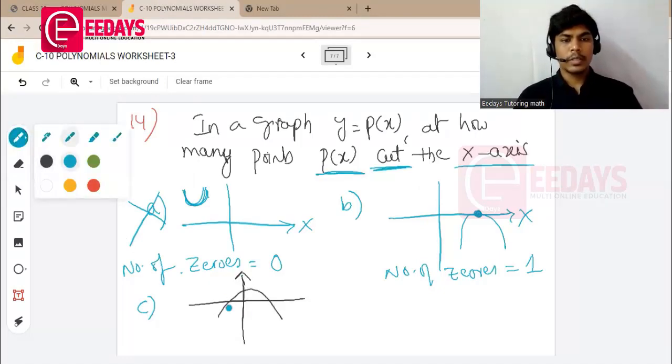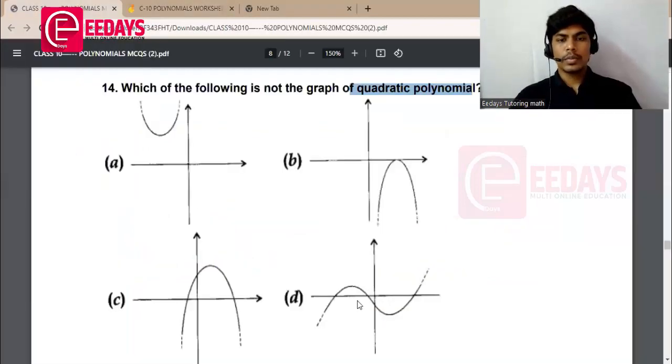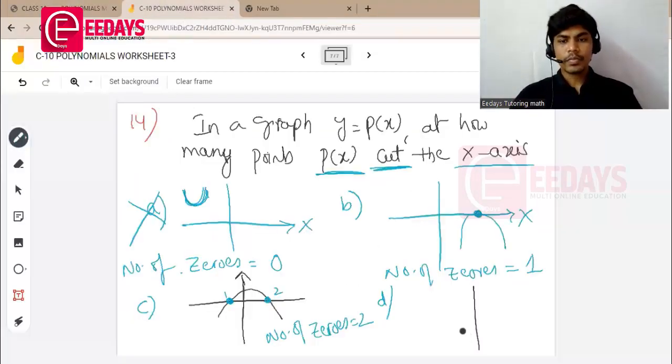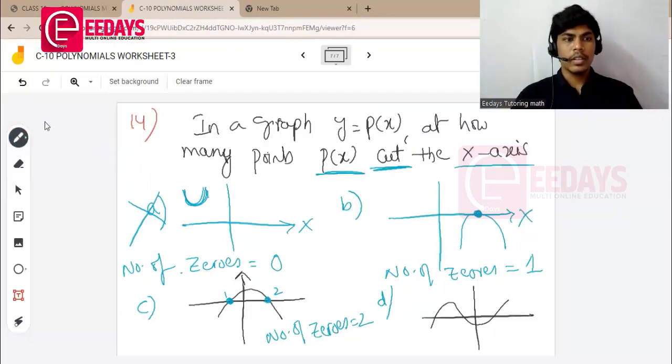It is meeting the x-axis at 2 points, this point and this point. So the number of zeros is 2. Similarly, option D, they gave a graph like this. It cuts the x-axis at 3 points, 1, 2, 3. So the zeros are 3.